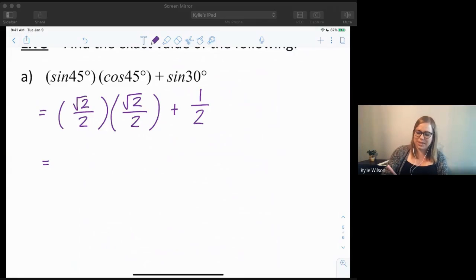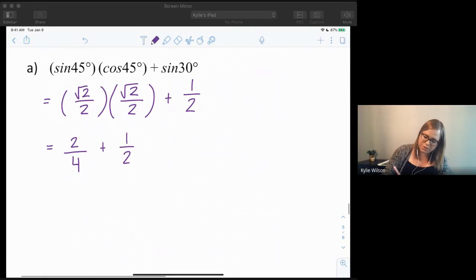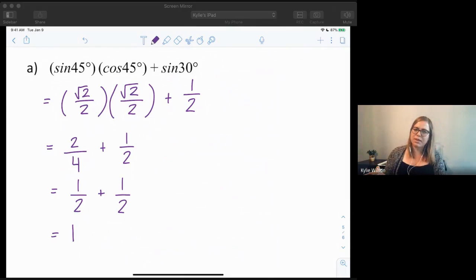So root 2 times root 2 is 2 over 4 plus 1/2. And now I can simplify that 2 over 4, 1/2 plus 1/2, and that just equals 1.